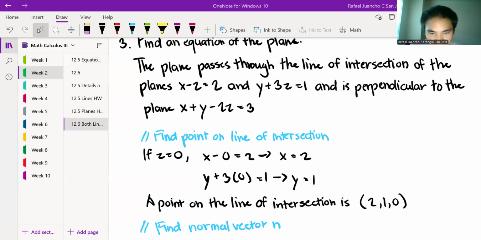Let's see. Oh wow. A times x minus x naught plus b times y minus y naught plus c times z minus z naught equals 0.